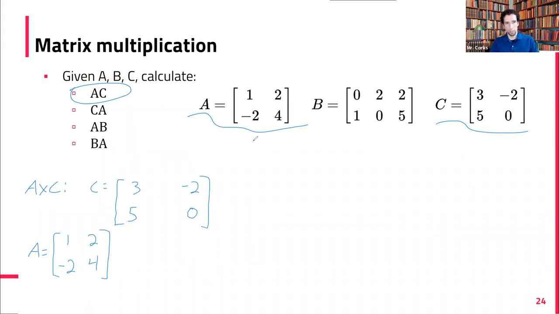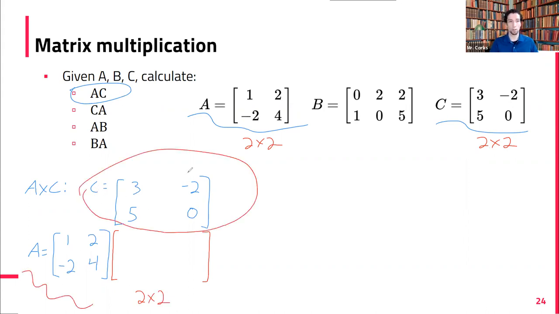All right, so let's do this. We have a 2x2 matrix with A and a 2x2 matrix with C. So our resulting matrix, in this case, it's not hard. It's going to be a 2x2 matrix as our result. I'm going to put the first matrix here on the left and then the second matrix up here on the top. And that will help us line things up.